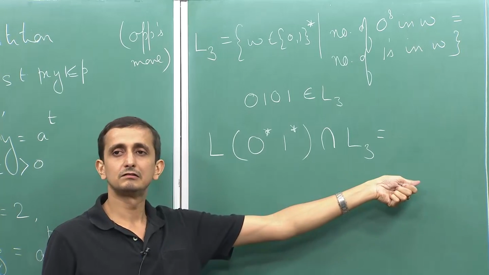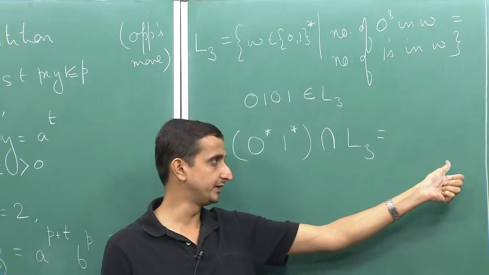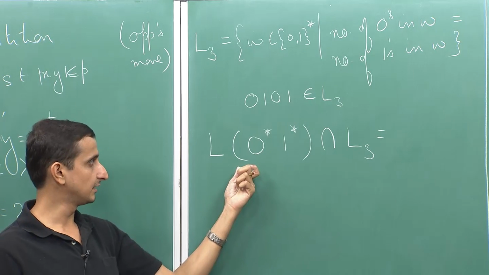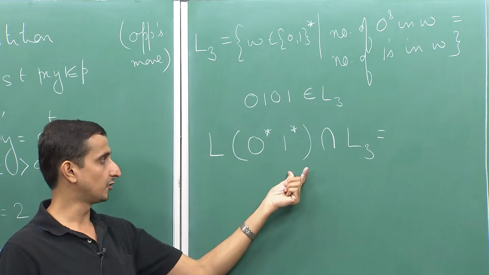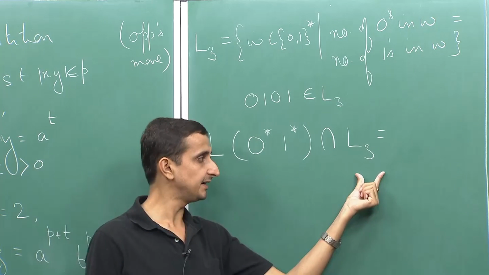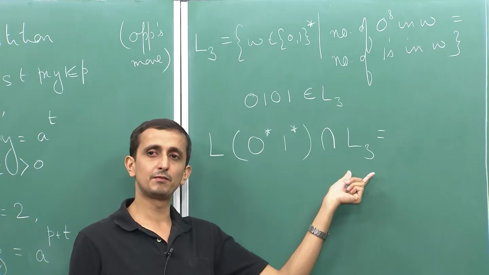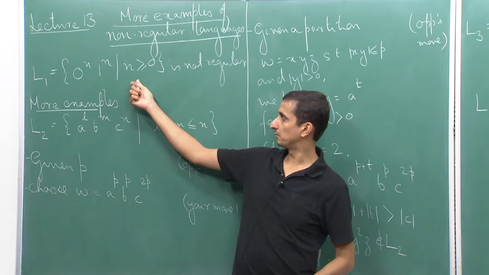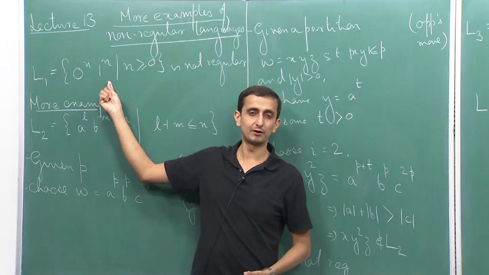What language do we get on the right hand side? If we take all strings which have a block of zeros followed by a block of ones, and it has an equal number of zeros and ones, it is nothing but our old language 0 to the power n 1 to the power n.